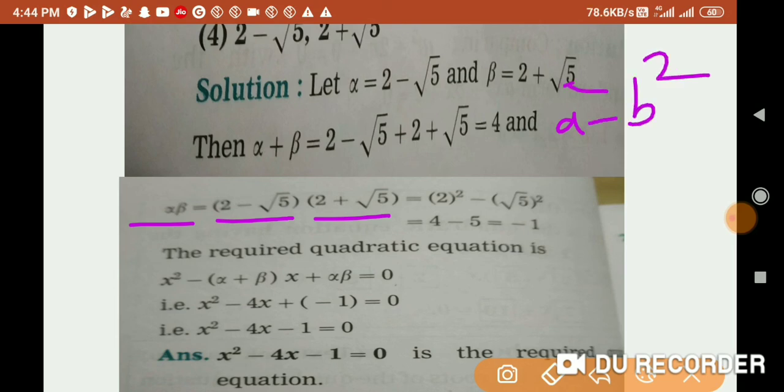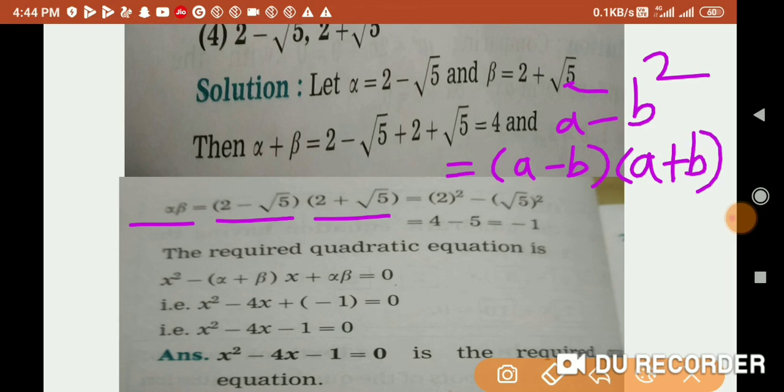Do you know the expanded form of a square minus b square? In the first bracket a minus b and in the second bracket a plus b. See these two brackets. 2 minus root 5 means a minus b and 2 plus root 5 means a plus b. This is the expanded form of a square minus b square.